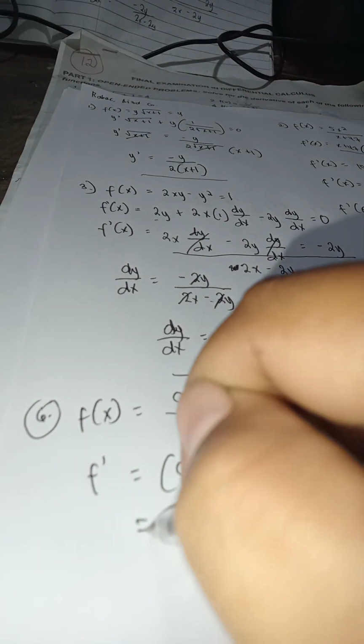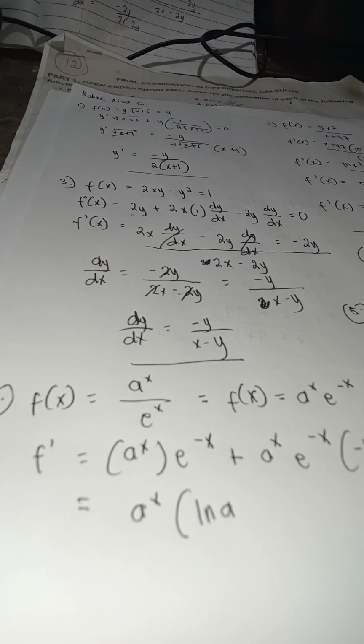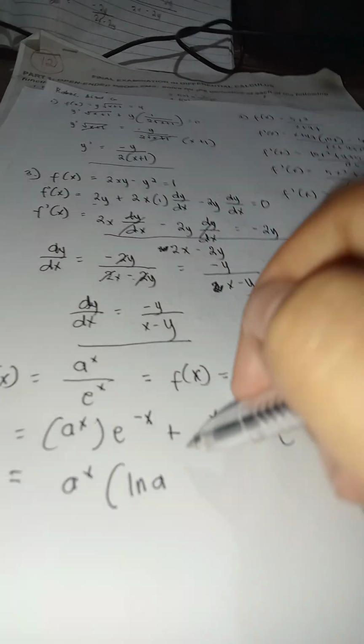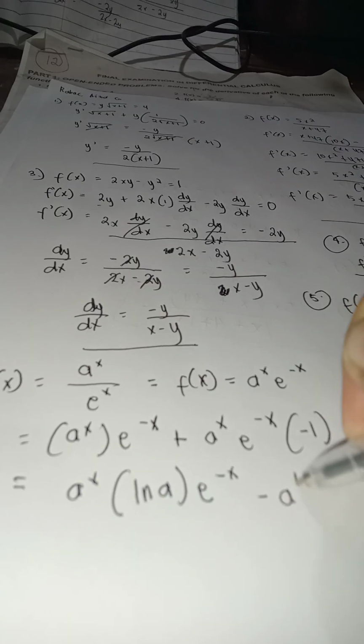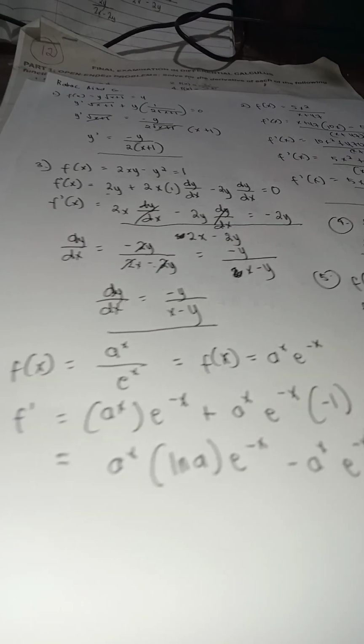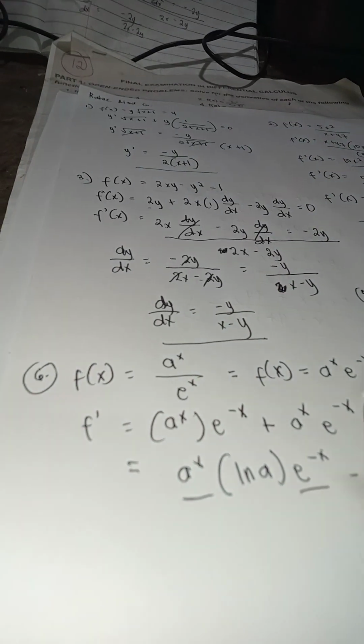So it equals e to the x, ln a times e to the negative x, minus x, e to the negative x. So we are going to factor it out since there is a common e to the x.